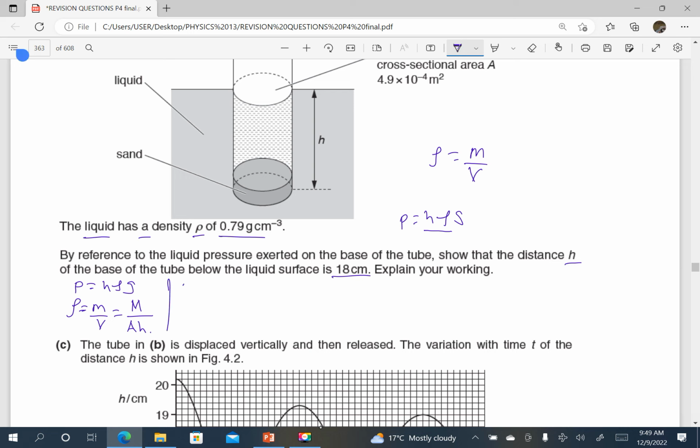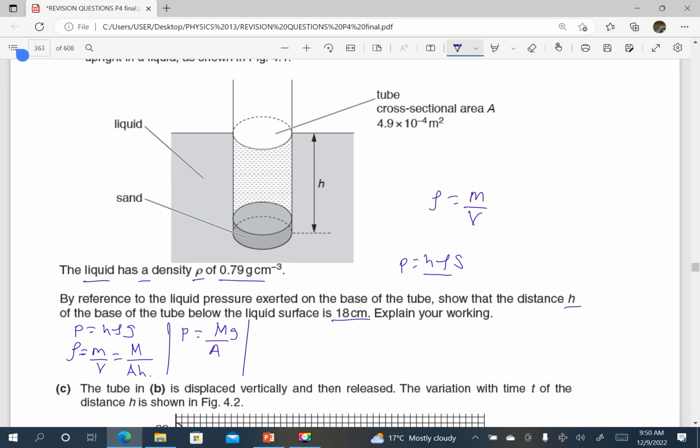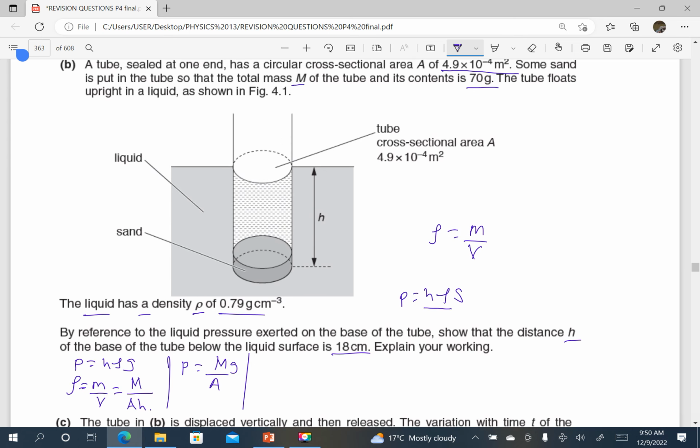So it means that pressure can also be given as m times, I'm replacing the density, so I get m over cross-sectional area A. What is the mass? The mass is 70 grams.